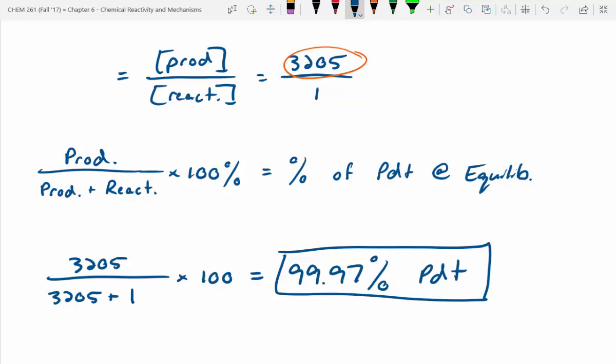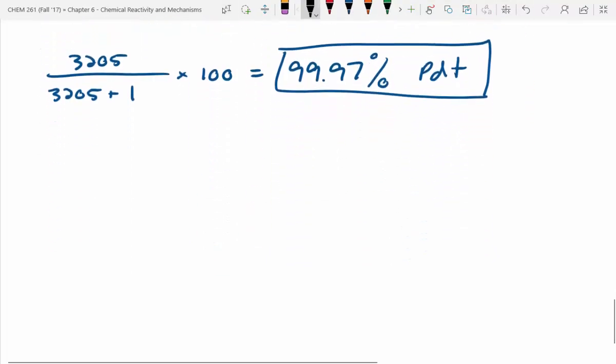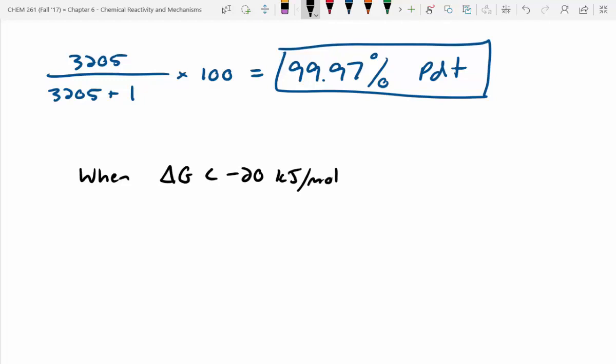So this is basically non-equilibrium conditions. So let's make a note of that. When delta G is less than negative 20 kilojoules per mole, the reaction is essentially a one-way arrow.